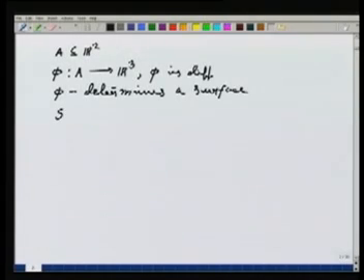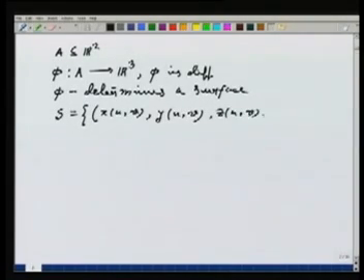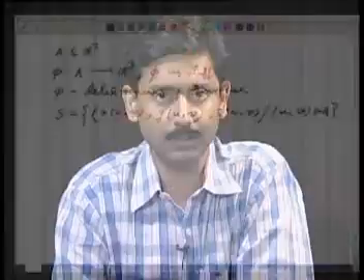And it is given by S. What is the set? The set is (x(u, v), y(u, v), z(u, v)), where (u, v) belongs to A. So it essentially means that on surfaces you have 2 degrees of freedom, u and v, while for curves there is only 1 degree of freedom, that is t. And what do I mean by x, y and z?